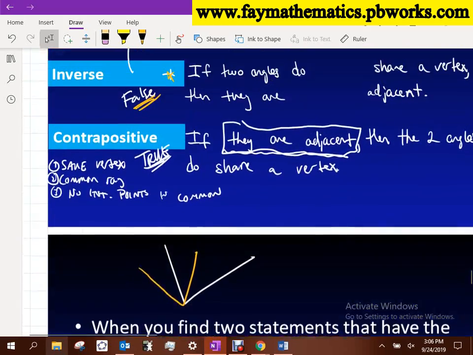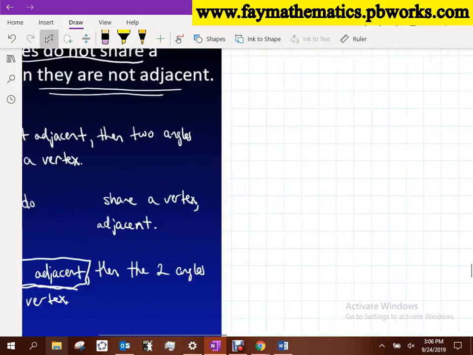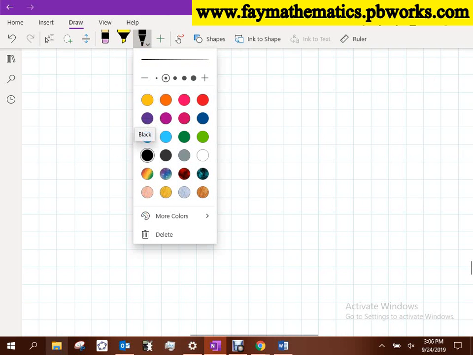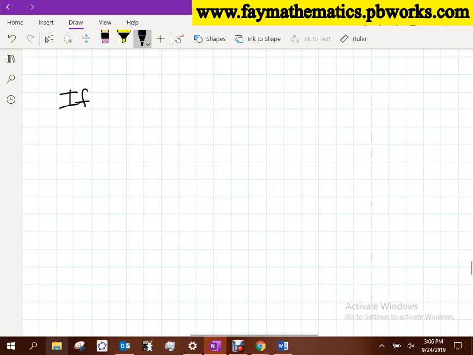The purpose of this stuff, guys, is if I were to give you a phrase, let's say: if the measure of angle B does not equal 97, then angle B is not obtuse.